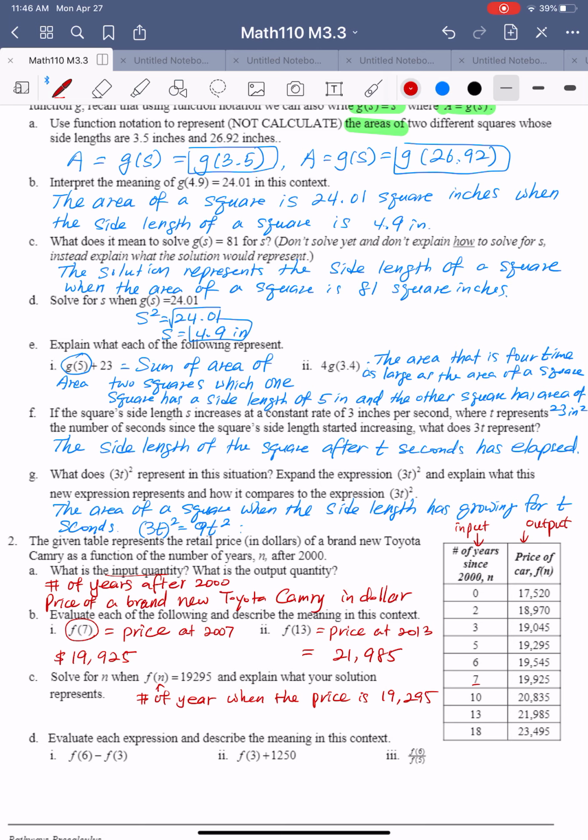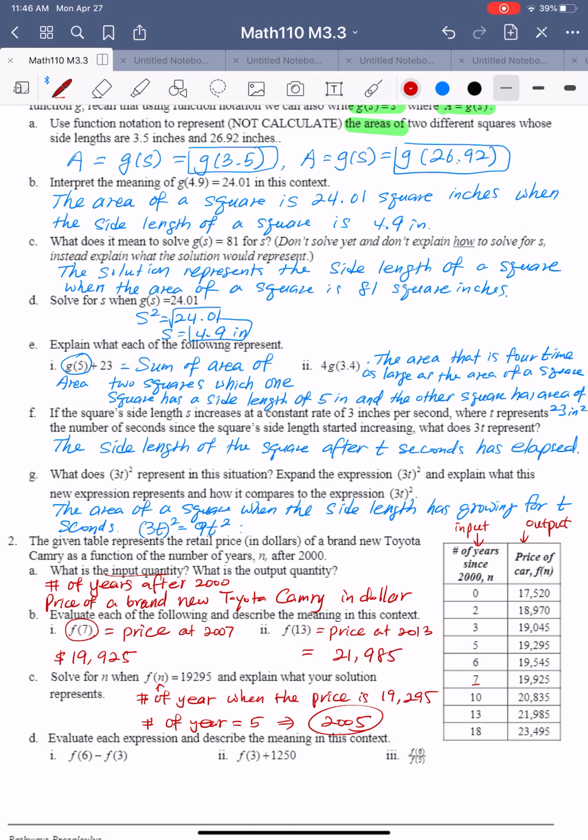When I look for 19,295, it is right here, and that means the number of years is 5, which means it's 2005. So we are looking for the number of years.